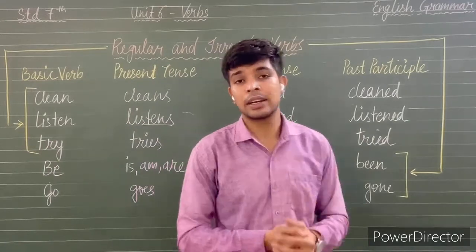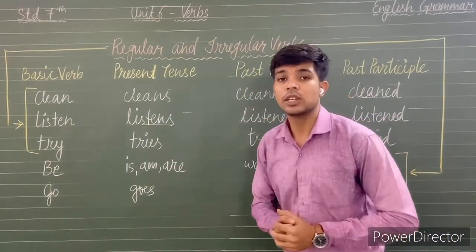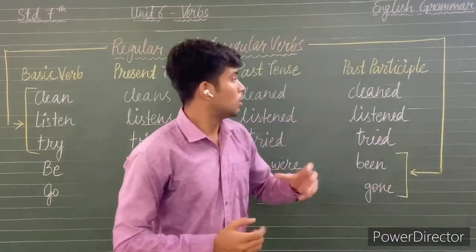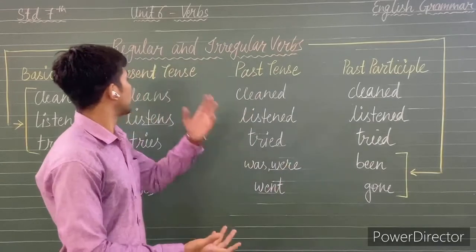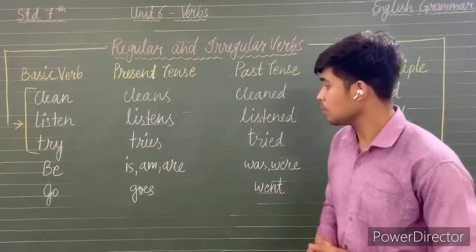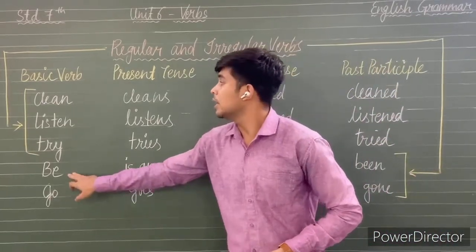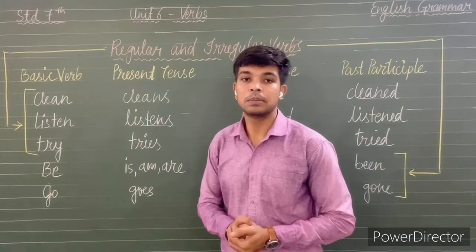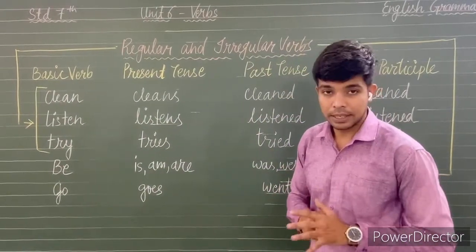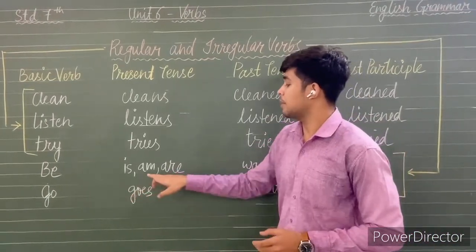But on the other hand, there are some verbs which fully change into a different new word when the sentence is moving from present tense to the past tense. For example, be is one of that kind. Be is the basic form. But when we are using be in the present tense sentences, it becomes is, am or are.